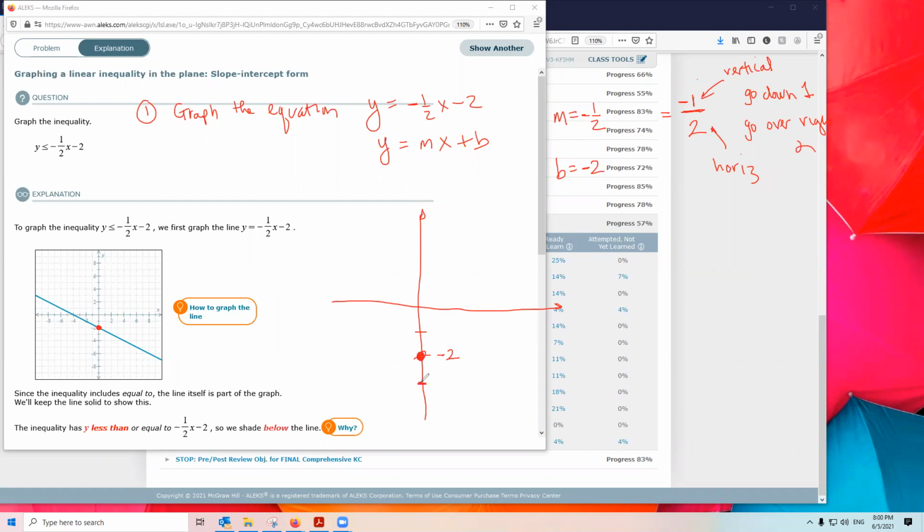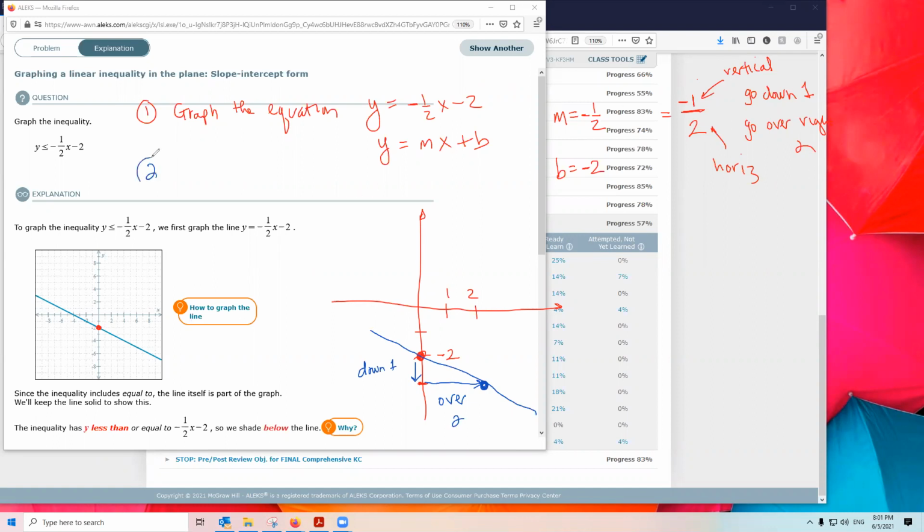All right, now I want to go down 1 and then go over to the right 2. So I'm going to go down 1. Then I'm going to move over to the right 2 and put another dot. Here's that blue dot. I'm going to connect these two with a straight line. There it is. All right, so we graphed the line.